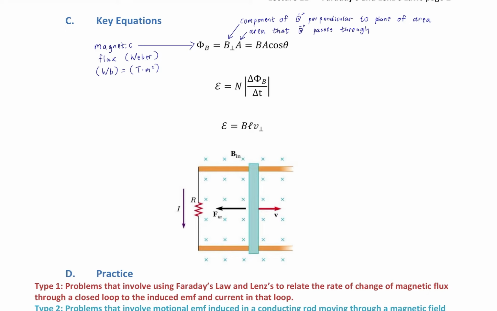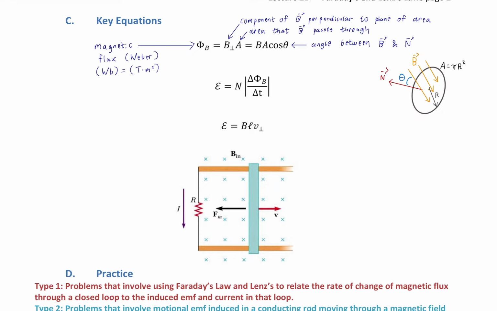Or it is B times A multiplied by the cosine of the angle between the magnetic field vector and the normal vector, which is the way we usually define the area. We define it by its normal vector. What this looks like as a picture is the following.